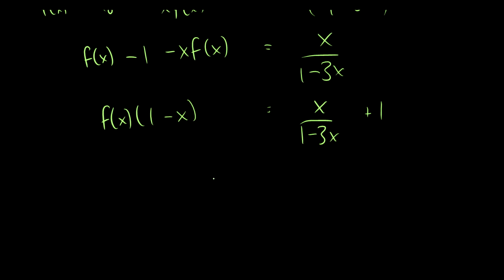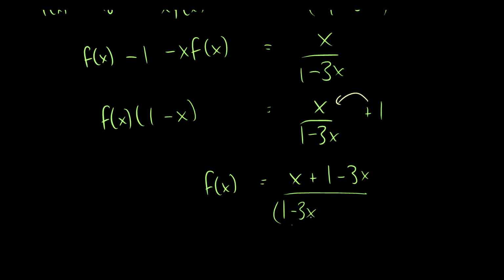So f(x) is equal to x plus 1 minus 3x, I'm just bringing the 1 on top there, divided by 1 minus 3x times 1 minus x. And from there, you can solve yourself, and you will get a result. And of course, you can check your result by plugging in values.